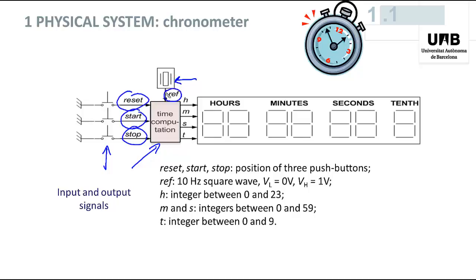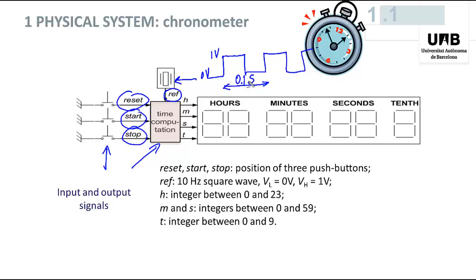It's a clock reference, ref, and it is a square wave, that is an electrical signal with 2 values, for example 0 volt and 1 volt, and with a period equal to 1/10 of a second.